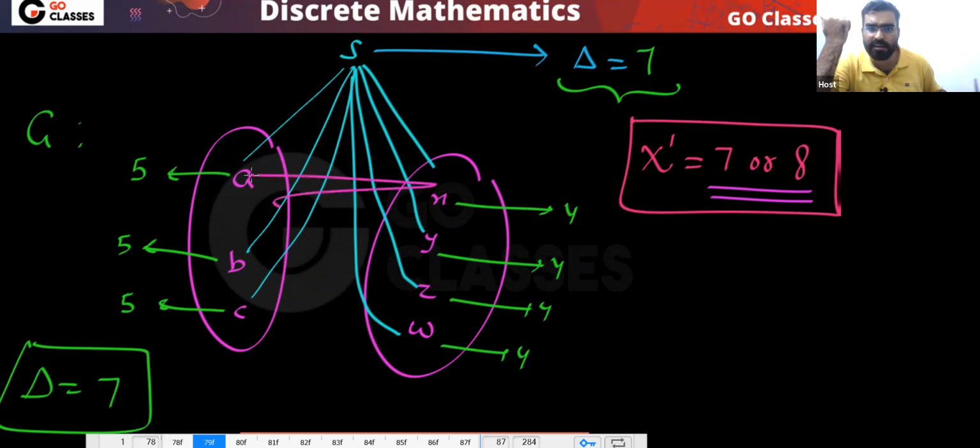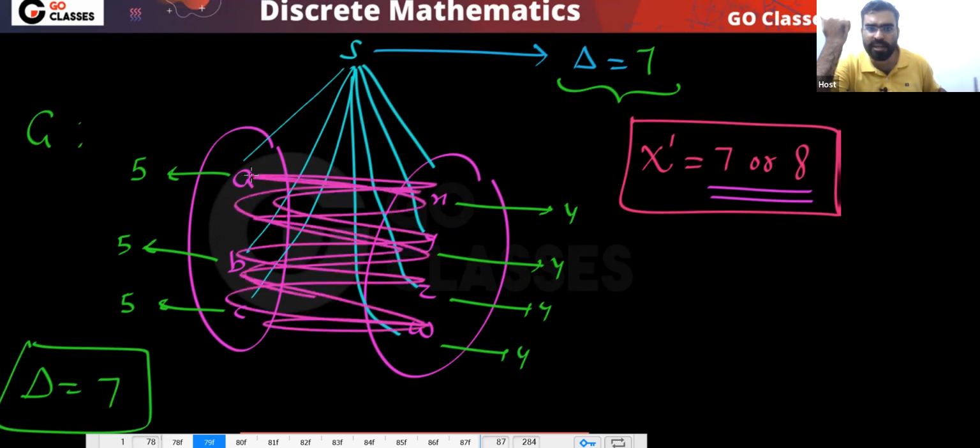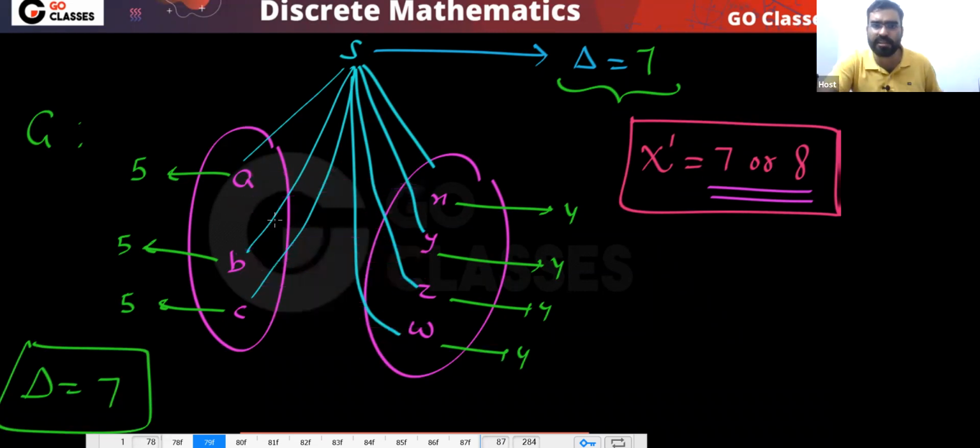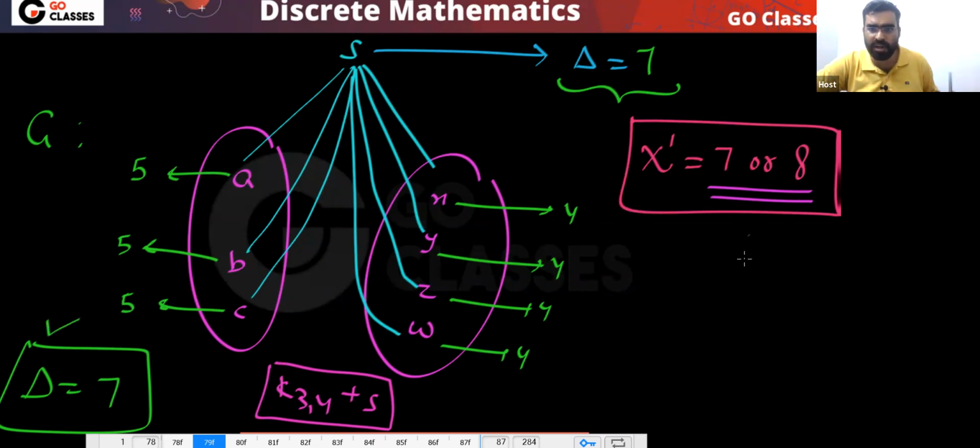So we will have to check the remaining 12 edges. This is your K34 plus a vertex S. You can notice the maximum degree is 7, so the answer will be either 7 or 8.